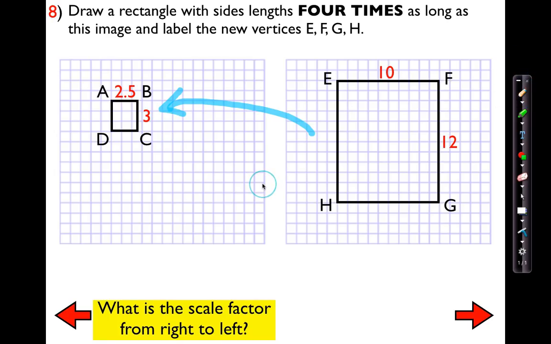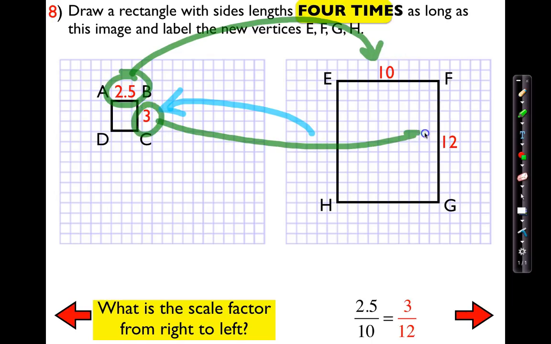So the tricky part is to remember, even though they're asking us from right to left, when we check our corresponding sides, we're moving the opposite direction because we're going from 2.5 to 10 and we're going from 3 to 12, which would give us a scale factor of 1/4. Now that does kind of relate back to the instructions here, which says 4 times. Now that's if we were going from left to right, but because we're going the reverse, it ended up being the reciprocal, which is 1/4.